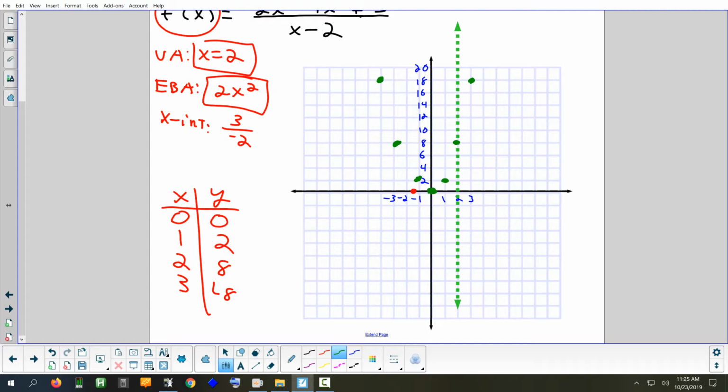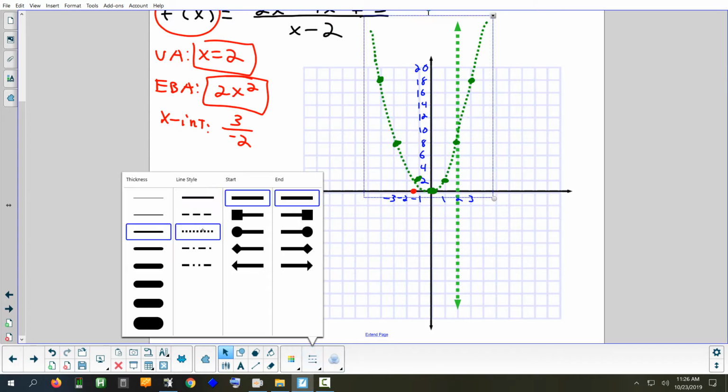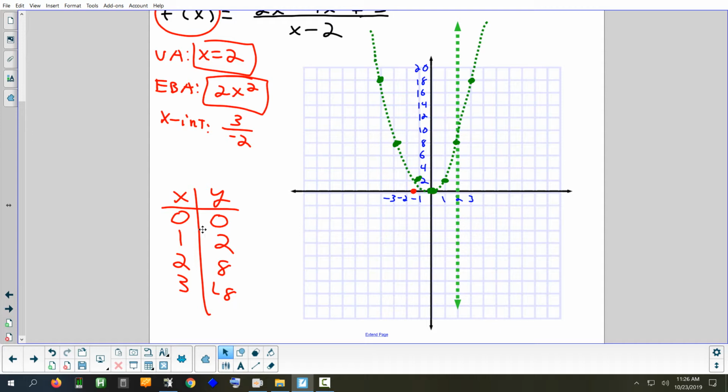There we go. Okay, and now draw that as an asymptote. So the way I'm going to do it, I'm just going to make it solid, and I'll change it to dotted after. Okay, let's go here, and then make it dotted. Okay, so those are my 2 asymptotes.